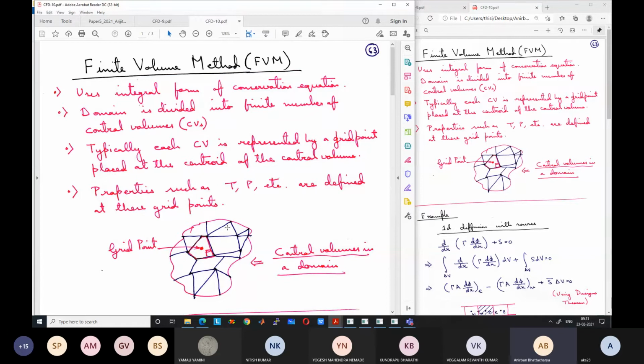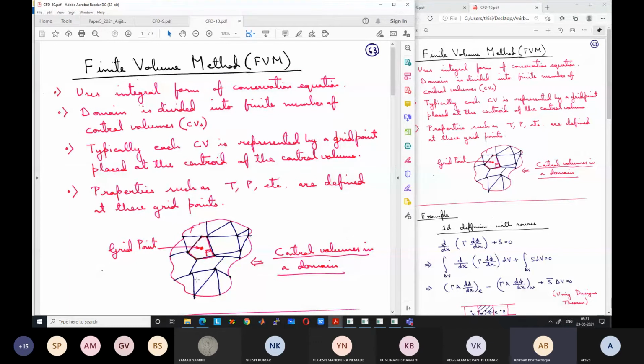Similarly, the control volumes can have arbitrary shapes. They can be pentagonal, hexagonal, quadrilateral, or triangles. I have highlighted one pentagonal control volume, and it can be a mixture also. Some of them can be triangles, some quadrilateral, some hexagonal.